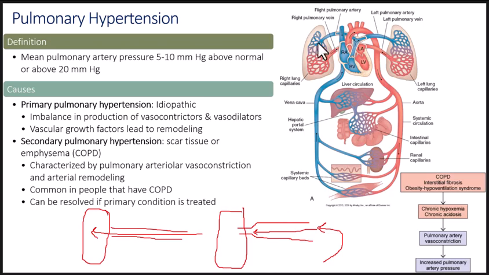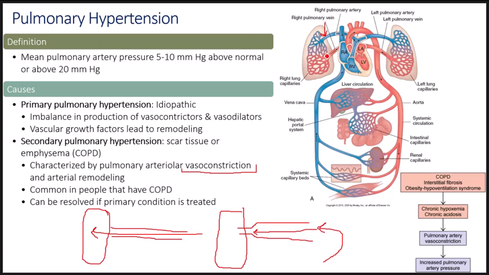And so what we're going to see today in upcoming slides is that if we get narrowing of the pulmonary arteries here, so that's called vasoconstriction, and I told you that that's done to sort of divert blood to healthier lung tissue.